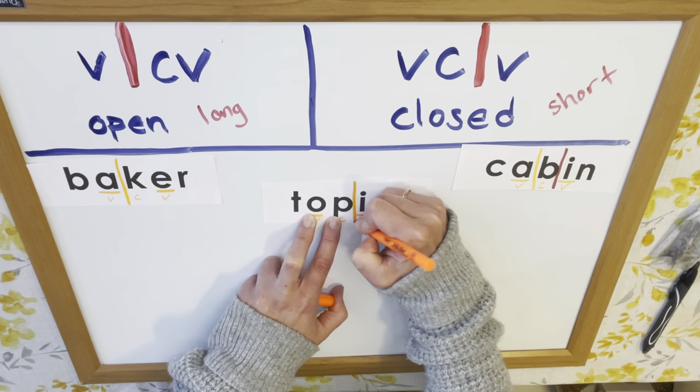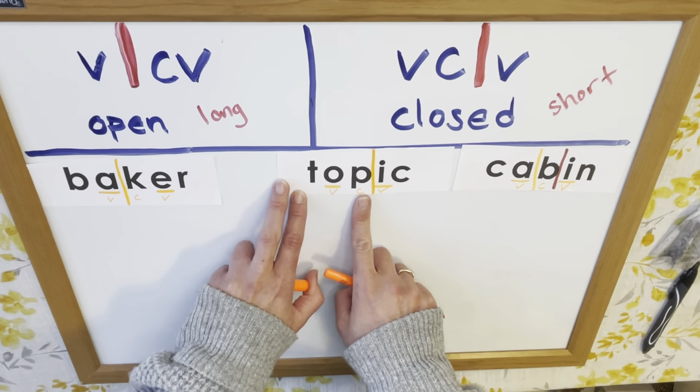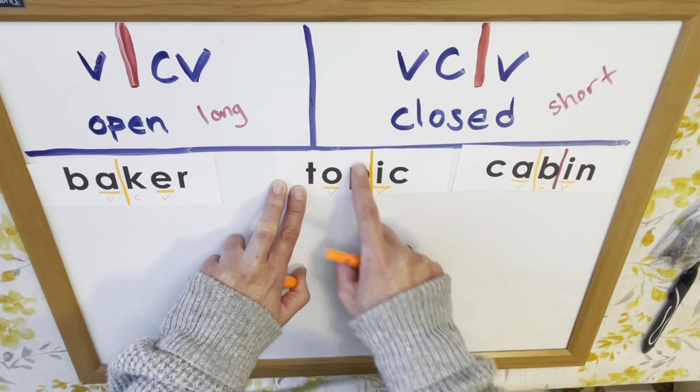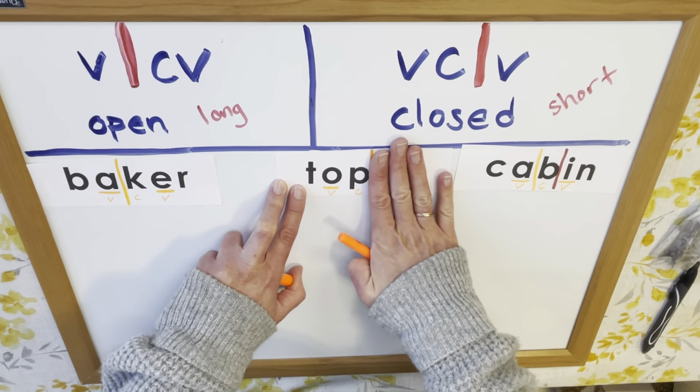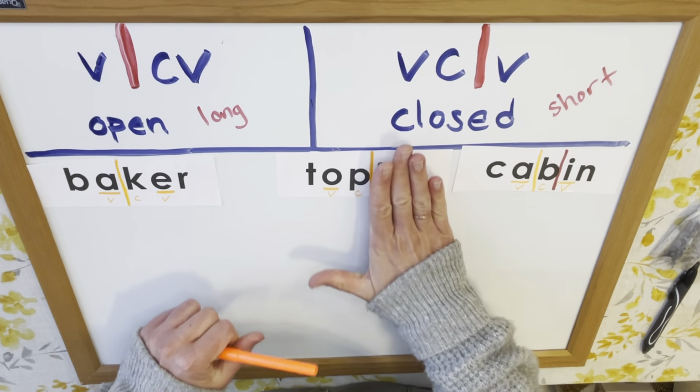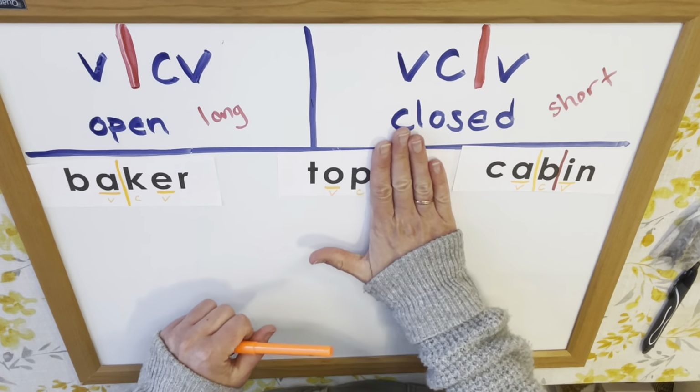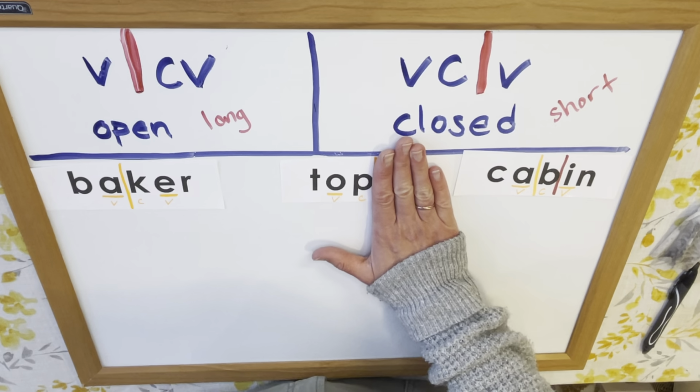So if we break it up this way, vowel, consonant, this consonant is closing in this vowel, right? It's a closed syllable now. Okay, and when it's a closed syllable like that, we know the vowel makes its short sound.